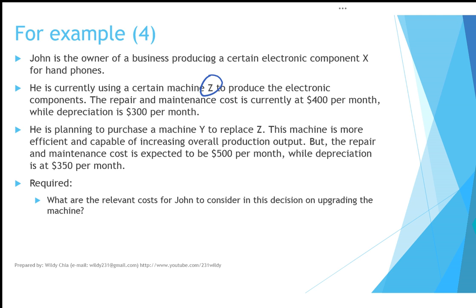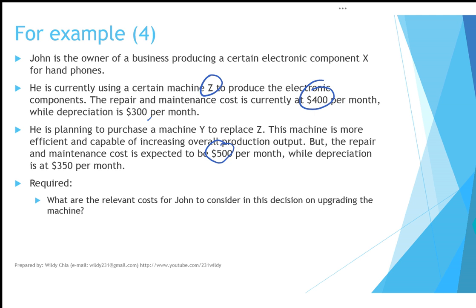The maintenance cost is $400 per month. Depreciation is $300. He is planning to purchase a machine Y to replace Z. This new machine Y will be more efficient and production output will be higher, but the repair and maintenance cost is expected to increase.